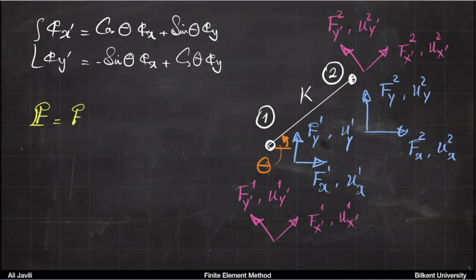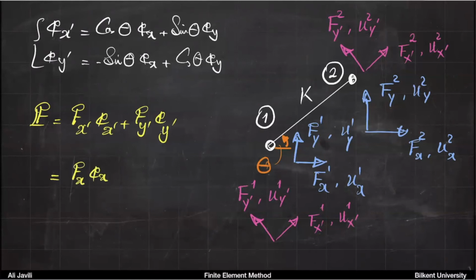So in the prime coordinate system, your force vector looks like Fx prime Ex prime plus Fy prime Ey prime. What you want to do is to change that, or to write it as Fx Ex plus Fy Ey. And that happens for each node, by the way. So it's just the coordinate transformation at this point.